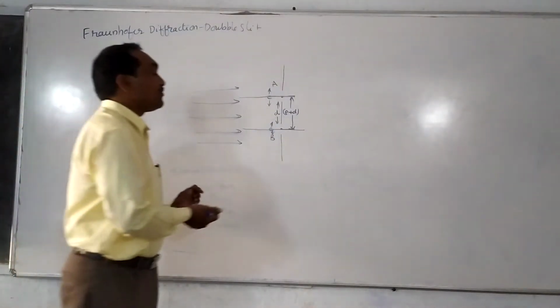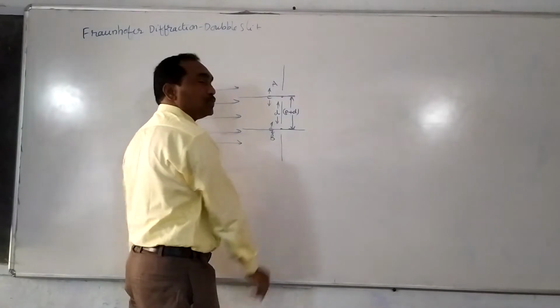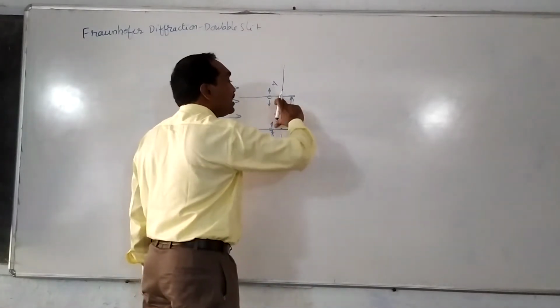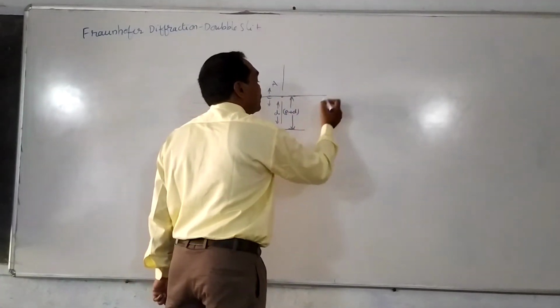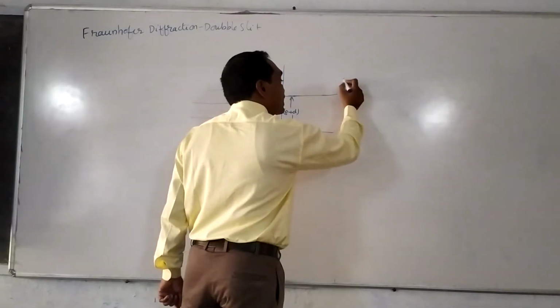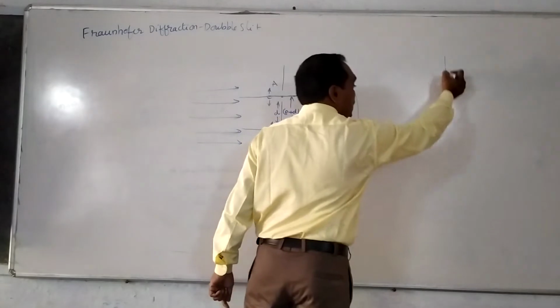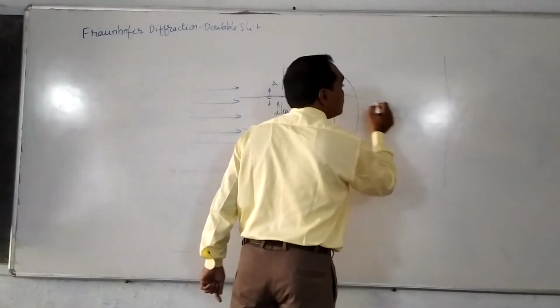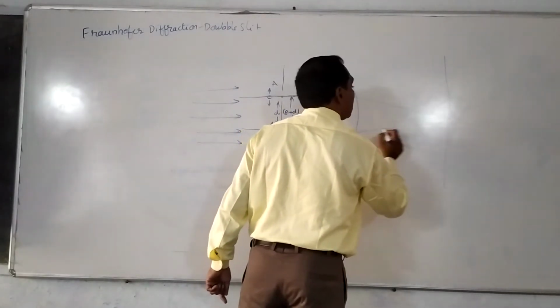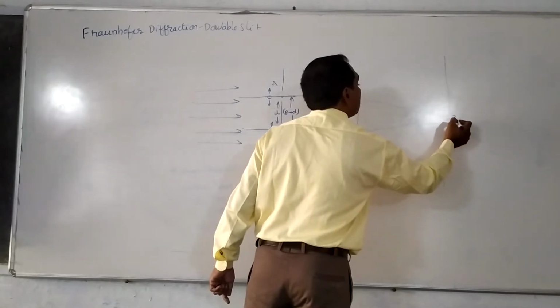These two rays, when normally incident on the slits and travelling along the direction of the light, will be concentrated by a convex lens on the screen at a point P0, as we discussed in the single slit also.